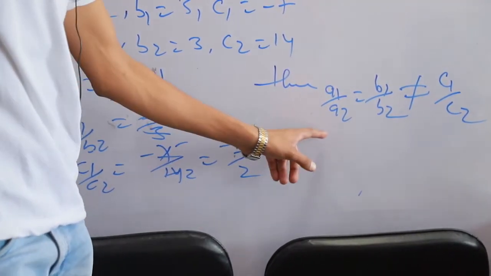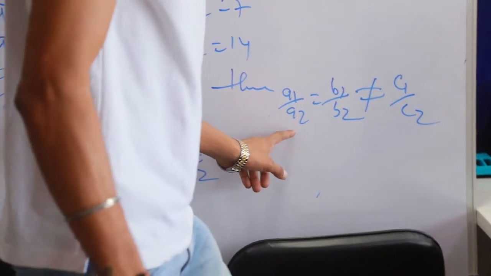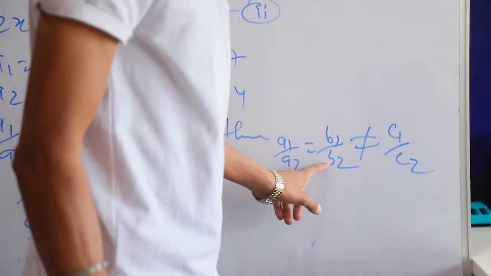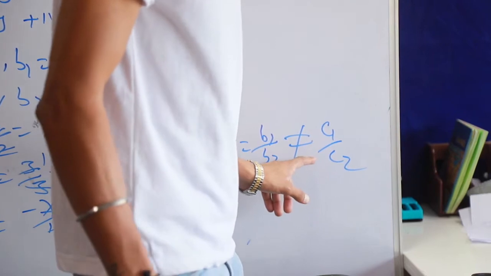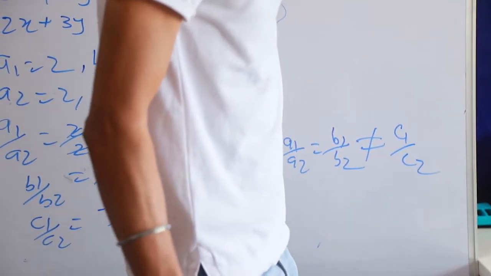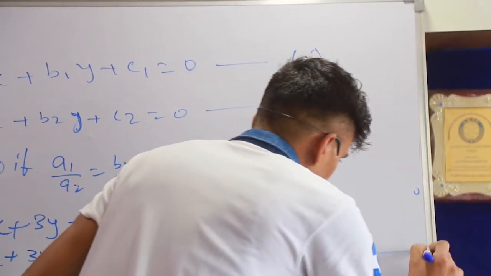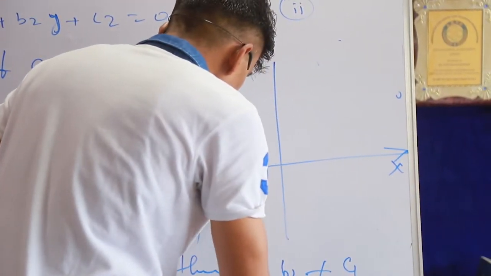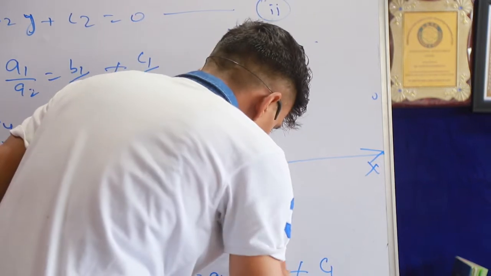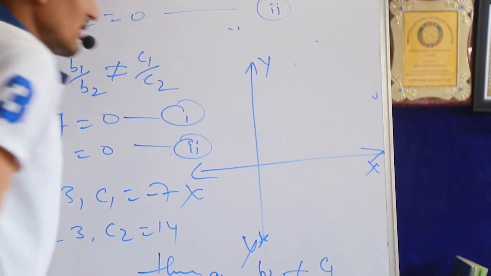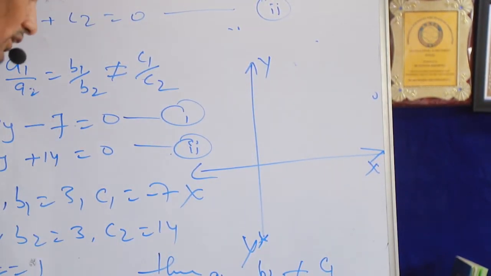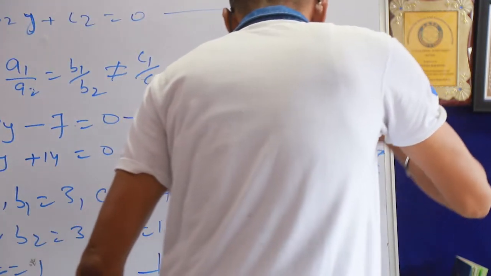Due to that, we can write a1 by a2 equals b1 by b2 and does not equal c1 by c2. That means in this case our graph will be like that. The graph of the pair of linear equations will be parallel lines like that.